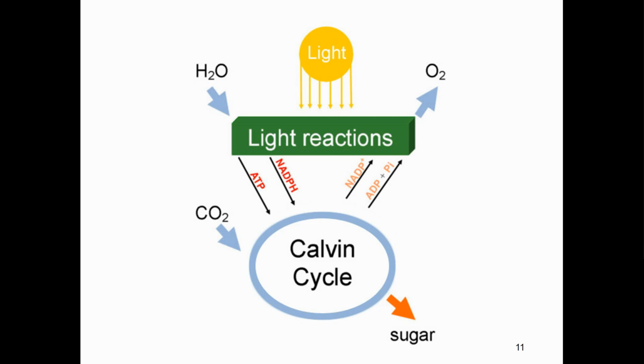So what happens is the water comes. We are not 100% sure how it happens. This is still an enigma to us, but a process called photolysis, the splitting of the water molecule.